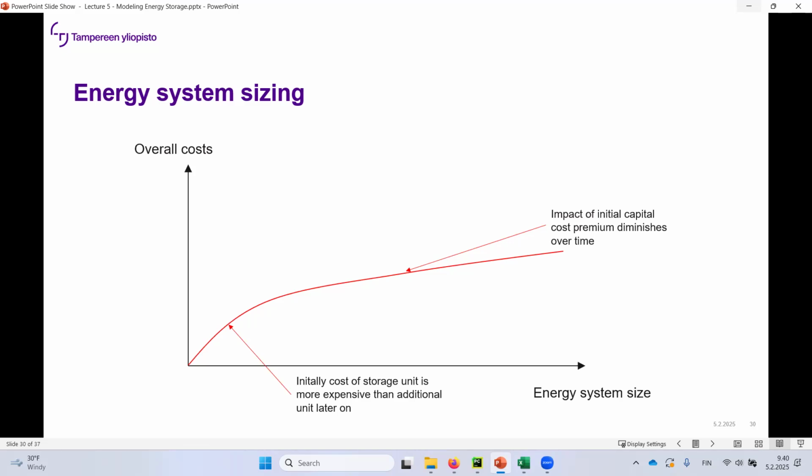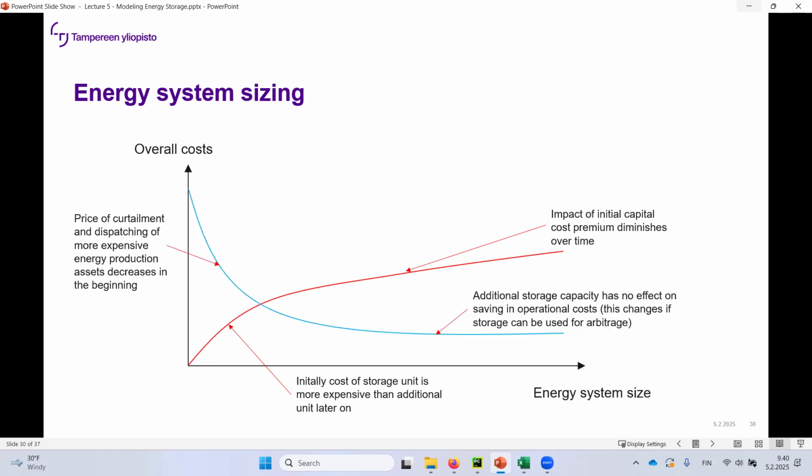So then it still goes upwards, but not at that large rate. And the price of curtailment and dispatching of more expensive energy production assets decreases really rapidly in the beginning. But after a while, it starts to level off. And after a certain point, no matter how big of an energy system you have, it doesn't have any effect.